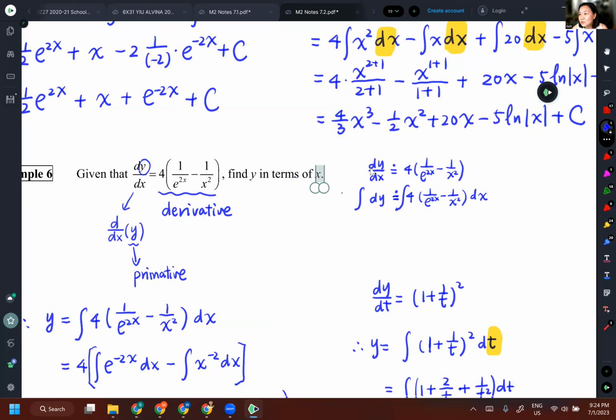If I do integration on both sides, on the left I will have y, because integrating dy gives y. That's the first formula, formula A. And on the right-hand side, you have this.